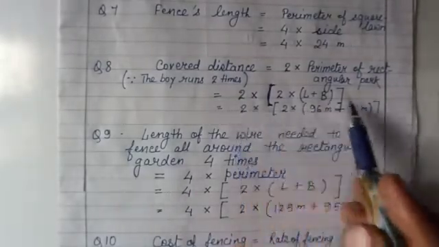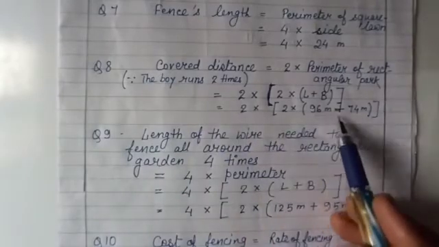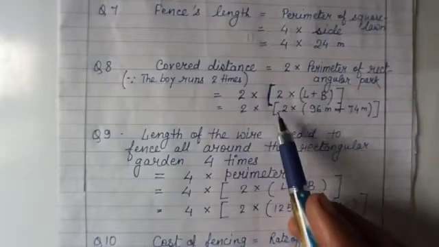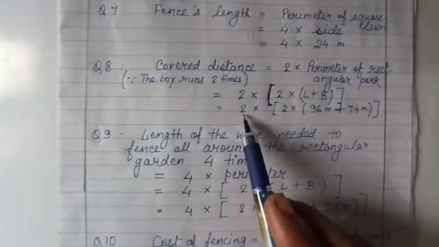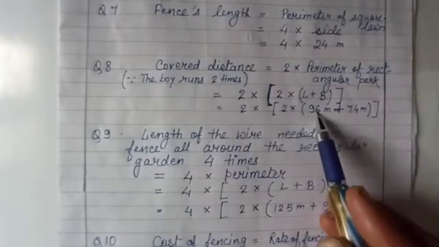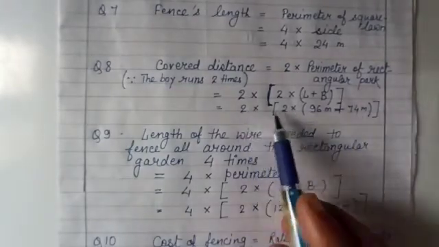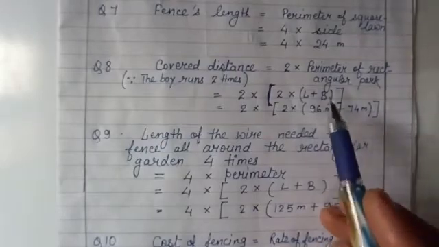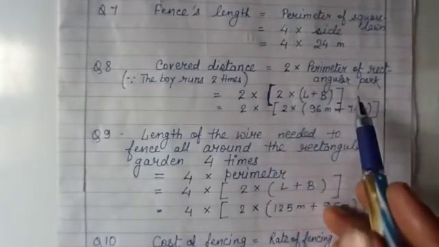First you have to add these, then multiply that amount by 2, and then multiply again by 2. Otherwise, you can add 96 and 74, and 2 into 2 means 4. If you multiply that sum by 4, you can get the answer.